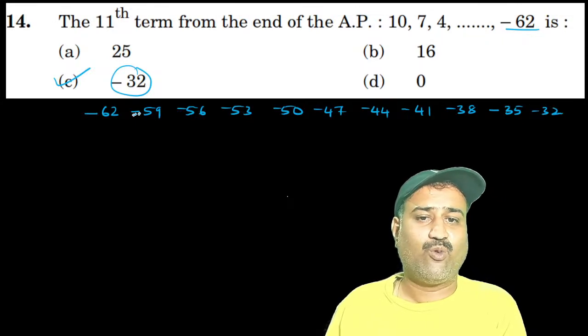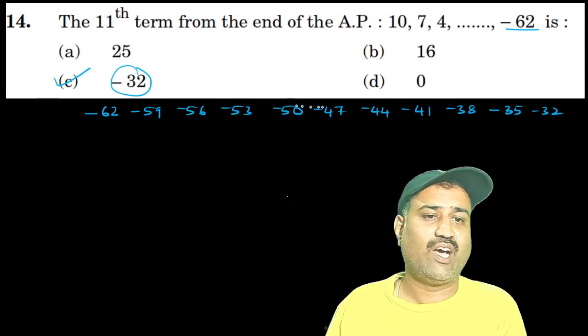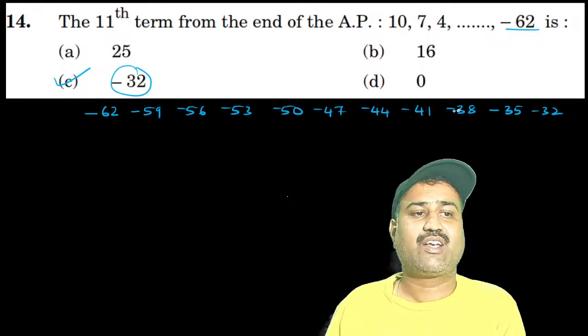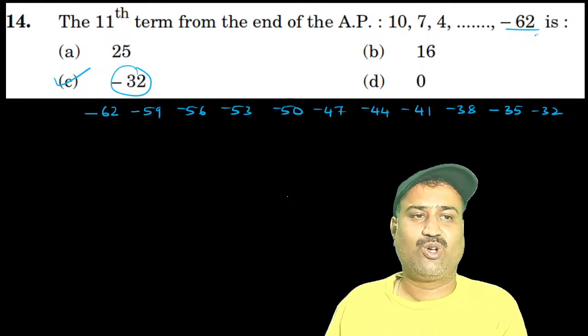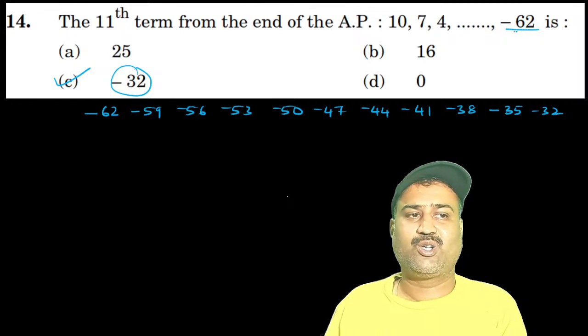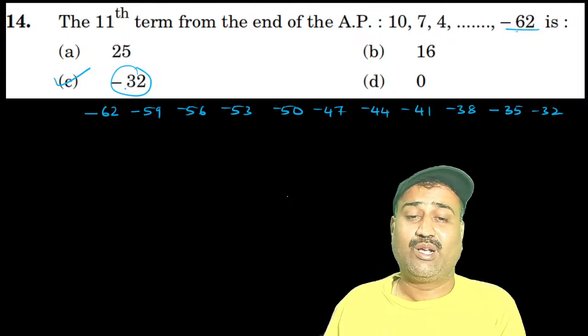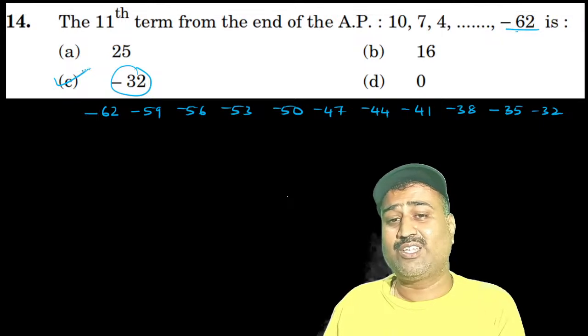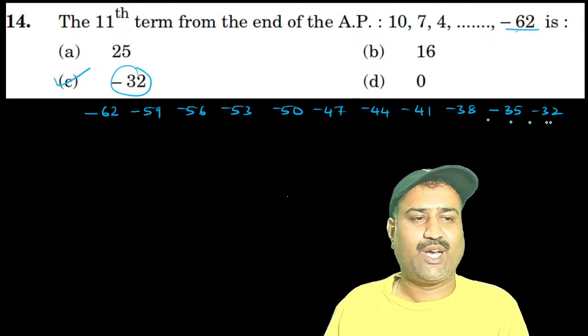You can observe here 1, 2, 3, 4, 5, 6, 7, 8, 9, 10, 11. The answer is minus 32. Also, you can imagine here minus 62, the only negative term is minus 32. You can directly write this option, but if you want to verify, you can do like this.